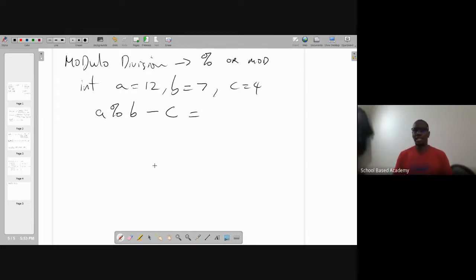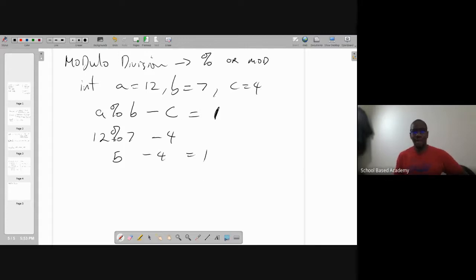What is the result of this operation going to be? 1. Right, the answer here is going to be 1. Because we'll have 12 modulo divided by 7 minus 4. The result of this will be 5 minus 4, and that will be equal to 1.